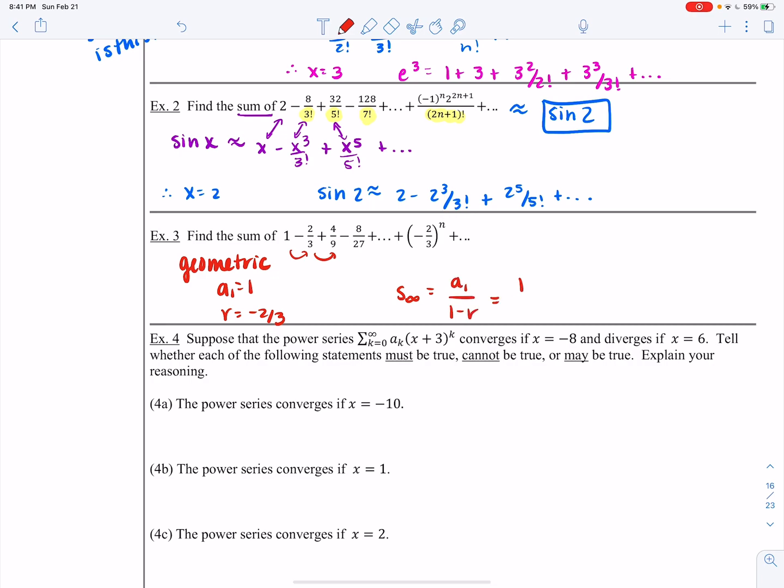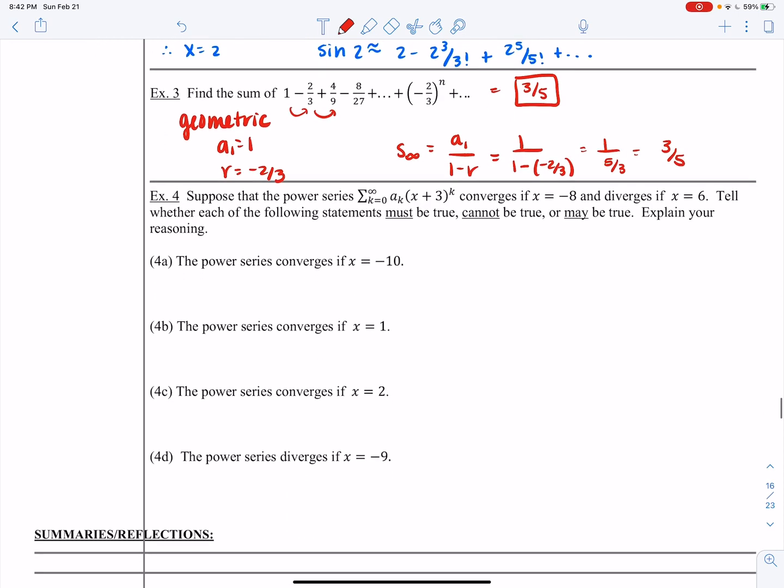So my first term is 1 over 1 minus negative 2/3, which is 1 over 5/3 or 3/5. Guys, this is the sum, 3/5. Okay? Another very AP style question. I really like this question.